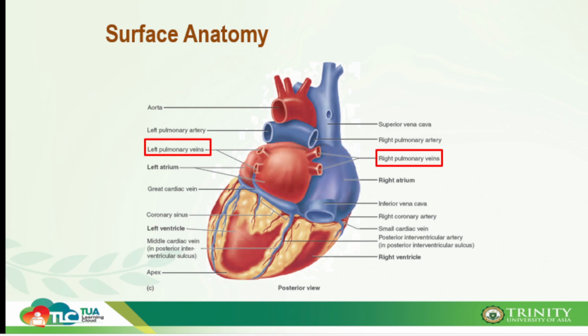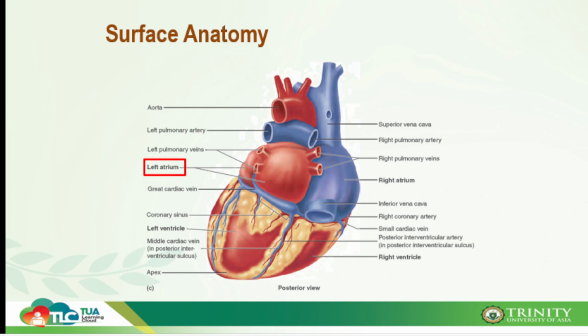Okay? We also see here this circular structure. You have your left atrium. If the right atrium is seen anteriorly, the left atrium is seen posteriorly. In fact, listen to this, the left atrium is the most posterior part of the heart.